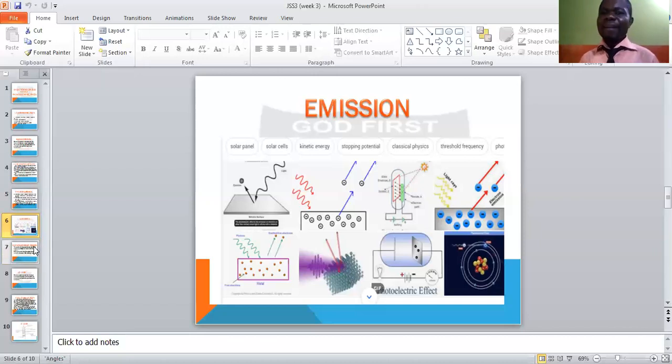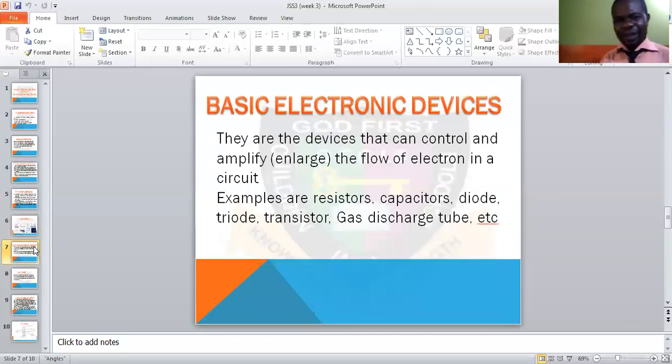Then we look at basic electronic devices. We said in our objectives that we should be able to list some of them. They are devices that can control and amplify, that's enlarge, the flow of electrons in a circuit. You were also taught circuit, a closed path through which an electric current flows, in your previous term.